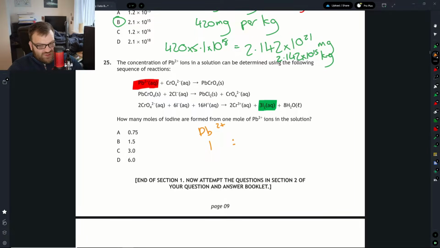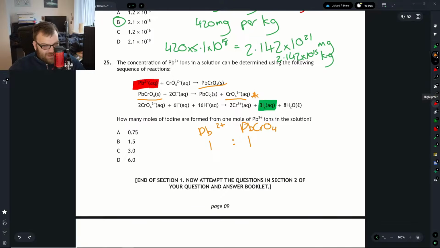Now I want to jump to the second equation, so this one here, and I can see that they've got that in common. So the ratio of Pb2+ to PbCrO4 is a 1-to-1 ratio. So if we've got one of them, we would need one of them. Next, we're trying to jump between the second and the third equation.